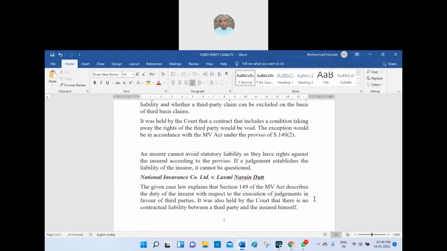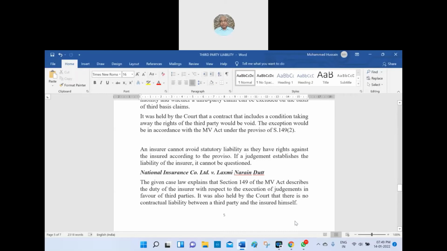And no fault liability or fault liability doesn't make any difference. If there is an excess amount, that will be borne by the insured. But whatever the amount is agreed by the parties, that lump sum will be given by the insurer to the injured. Next, National Insurance Company Limited versus Lakshmi Narayan Dutt.